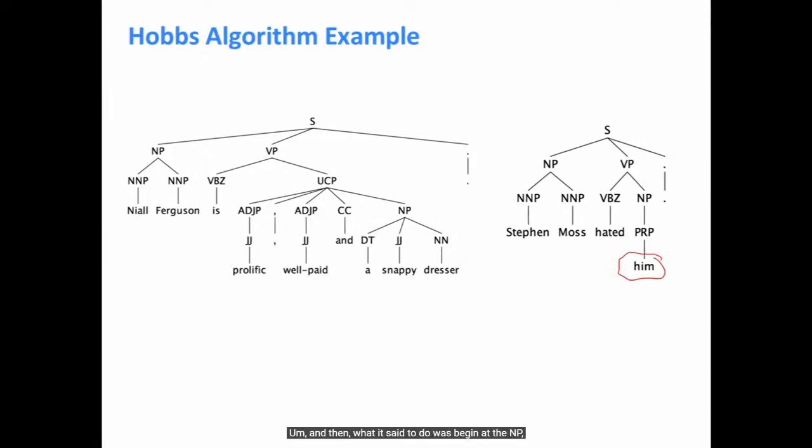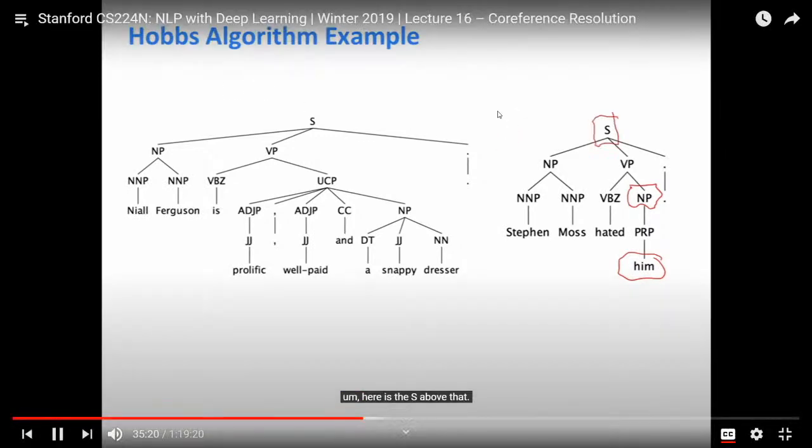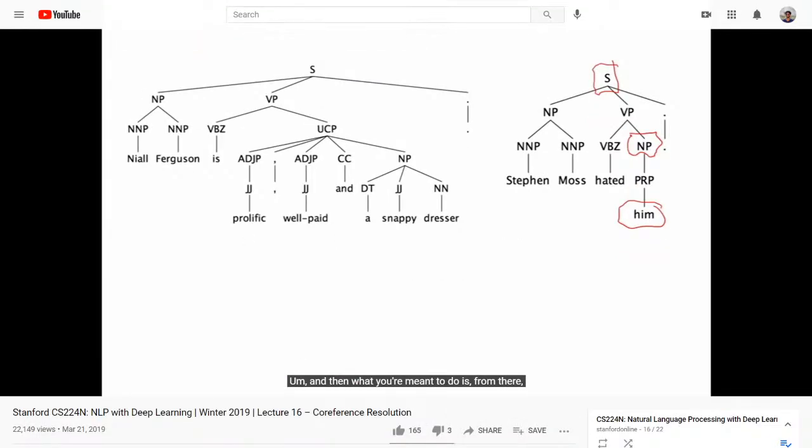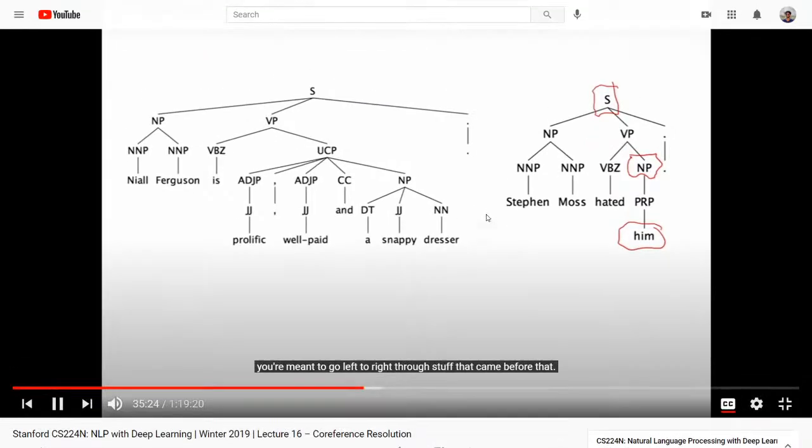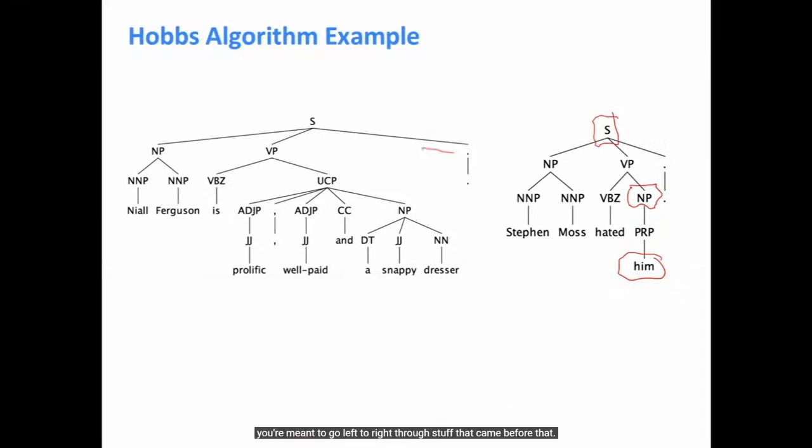And then what it said to do was begin at the NP, the noun phrase above the pronoun, and then it said to go up to the first noun phrase or S above that. And here's the S above that. And then what you're meant to do is from there, go left to right through stuff that came before that. So there's a lot of cleverness in this handwritten algorithm. You know, this is in the space of clever handwritten algorithms.